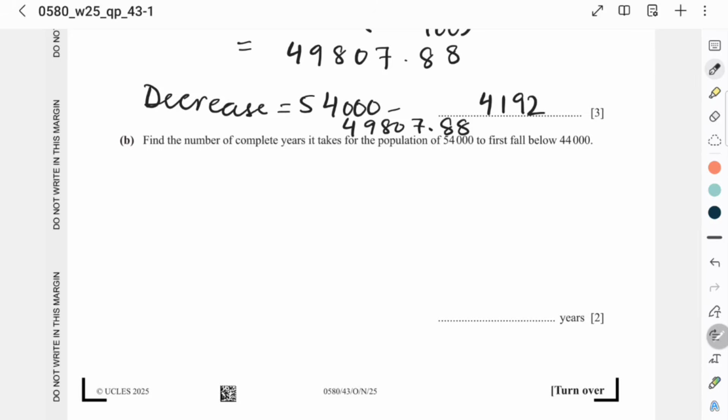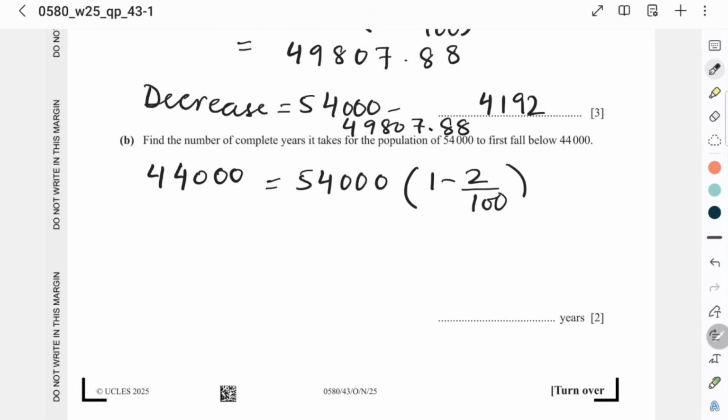So what do you do? You find out when 54,000, with 1 minus 2 over 100 to the power of n, becomes 44,000. So that is 54,000 times 1 minus 0.02 to the power of n. 1 minus 0.02 is 0.98.